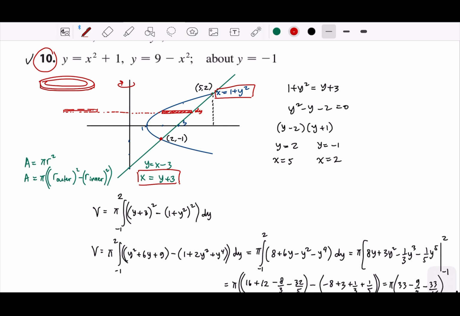Yeah, number 10. The first graph is like that. And the second graph is supposed to be, maybe no need to draw it really correctly, just rough. Okay.